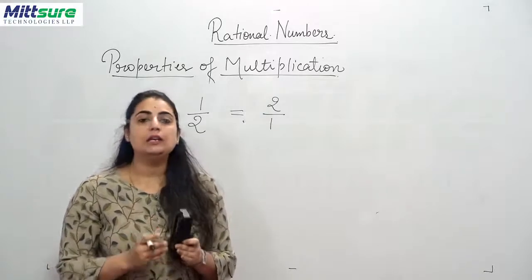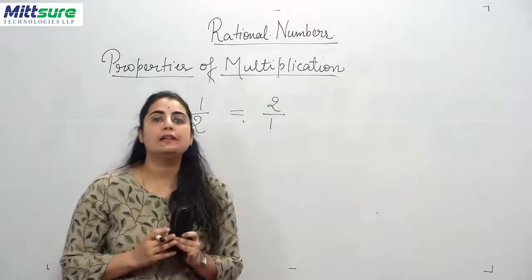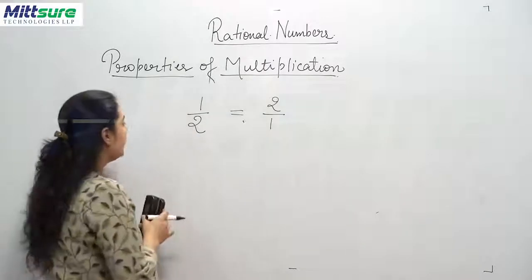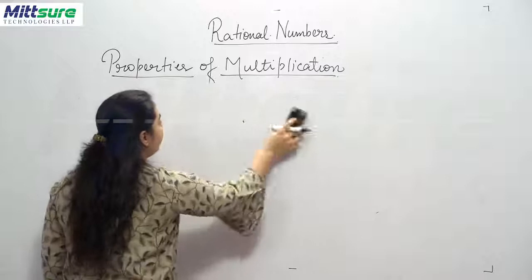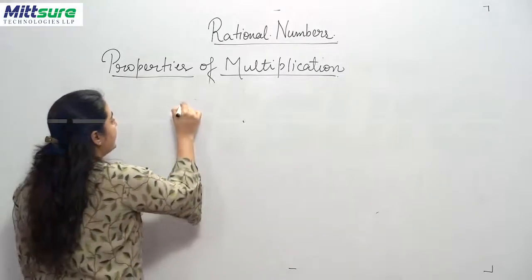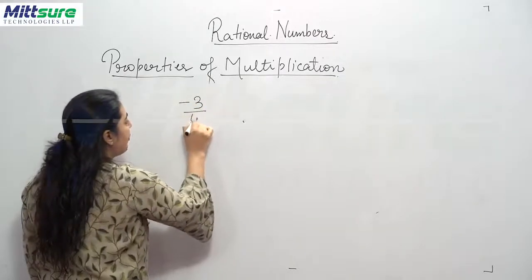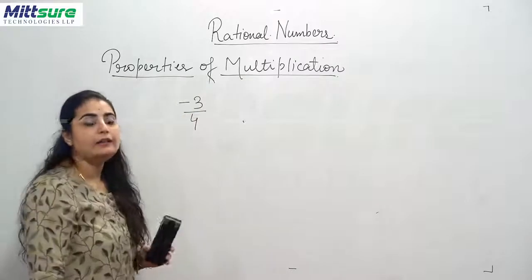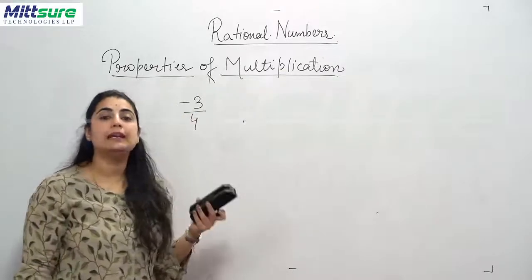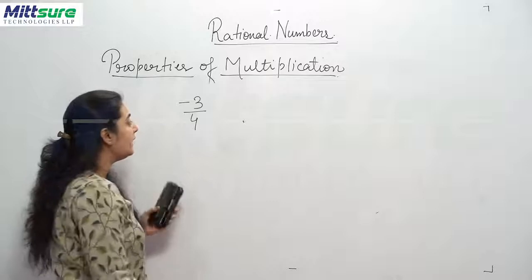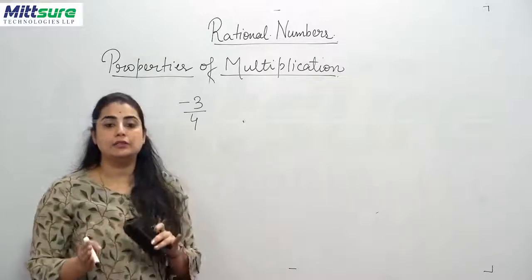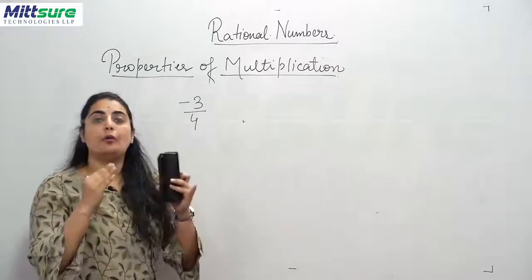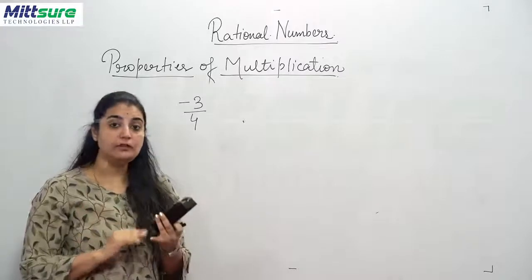Now what is the meaning of this word multiplicative inverse? Suppose you have taken a rational number minus 3 upon 4 and you want its multiplicative inverse. So certainly the multiplicative inverse is 4 upon minus 3. Why?